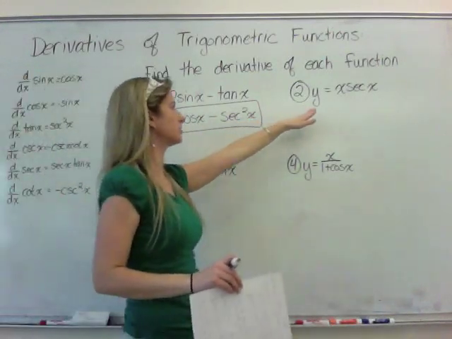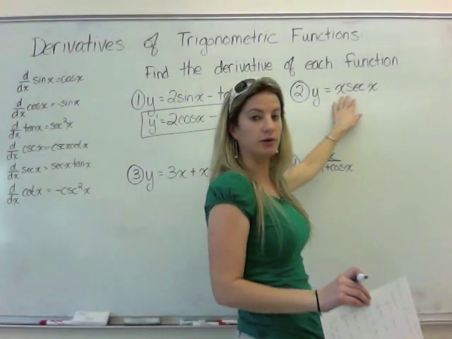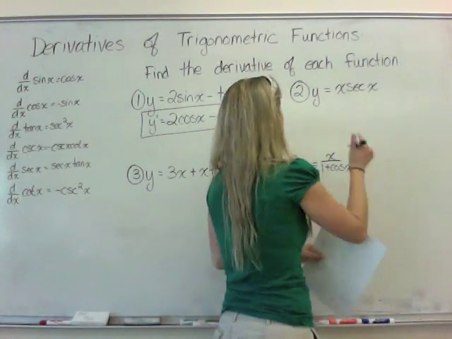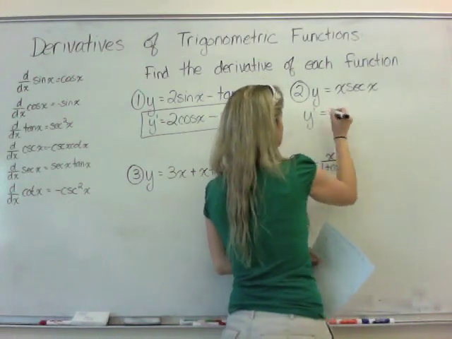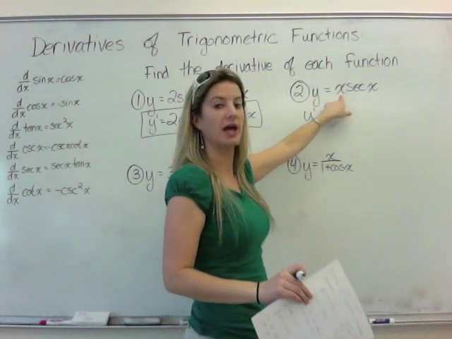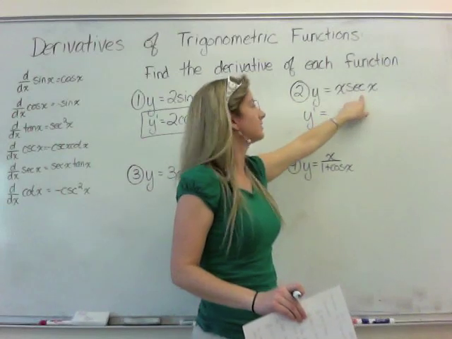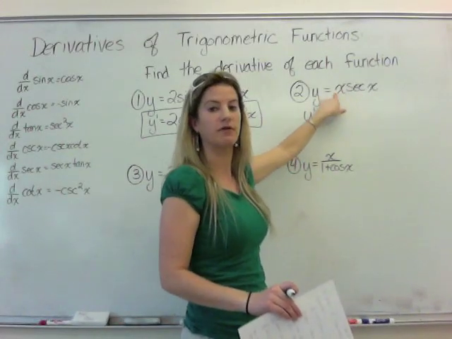Let's try the next one, number 2 over here. We realize we're going to have to use the product rule to get the derivative. So y prime is going to equal. With the product rule, think of this as two different functions. It's the first one times the derivative of the second plus the second one times the derivative of the first.